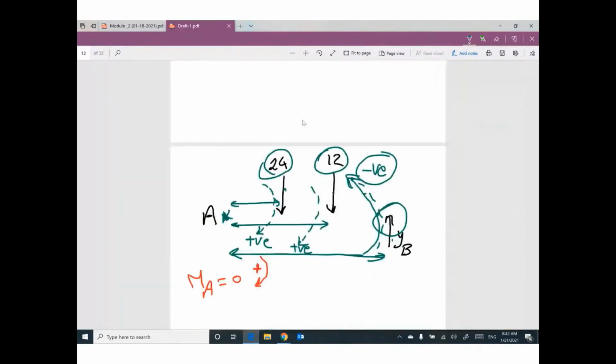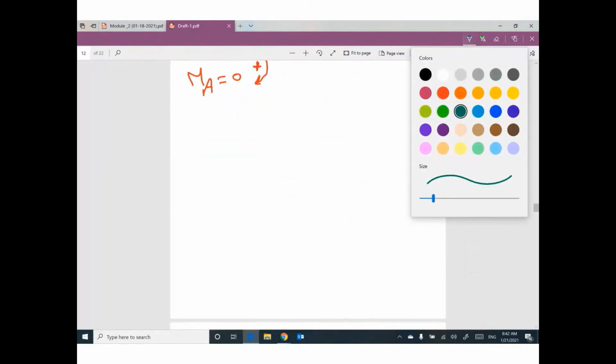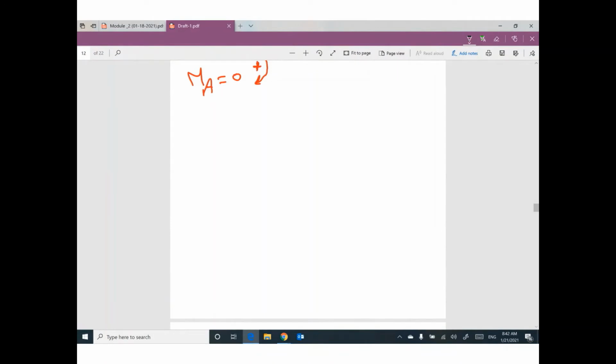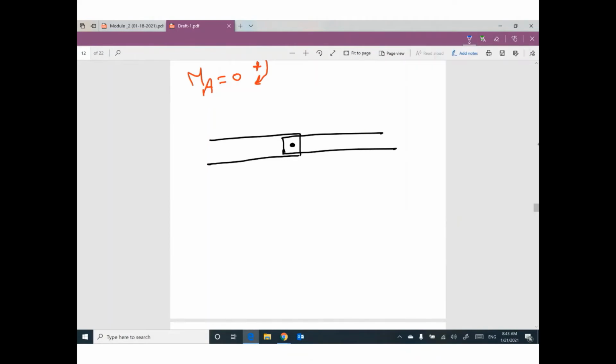But before going to the next example, I would like to remind you of something we learned last meeting. Guys, do you remember if we have a member and we have another member connected together by this shape? Do you remember what was the meaning of this shape?